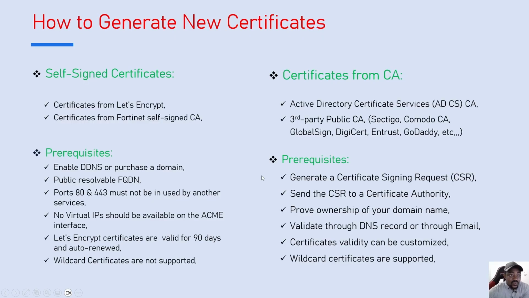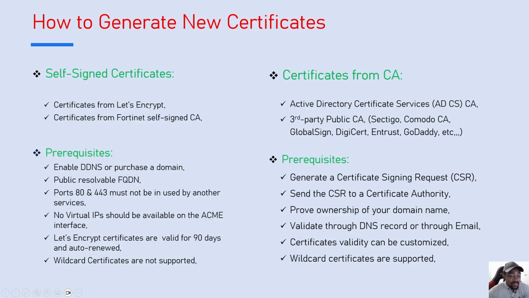If you want to generate a new certificate, what are the options that you have? If you want to generate a new certificate, it means that you don't want to use the default self-signed certificates that are built into your FortiGate device. So you have the following options. Either you want to use a self-signed certificate. Here, you can generate a trusted certificate with Let's Encrypt.